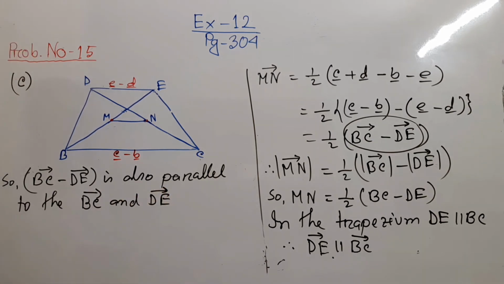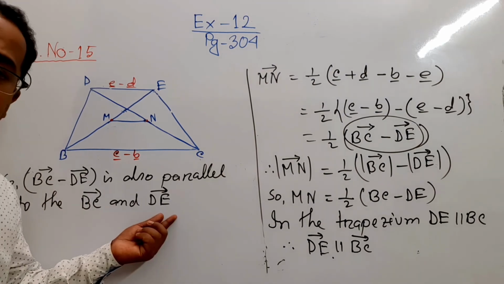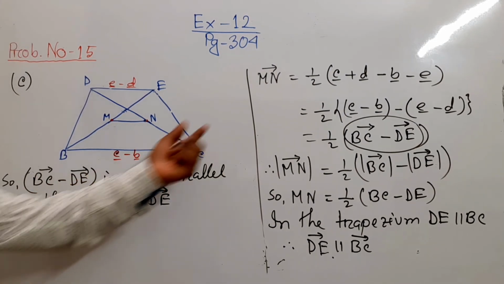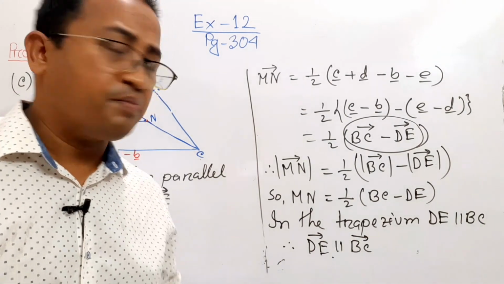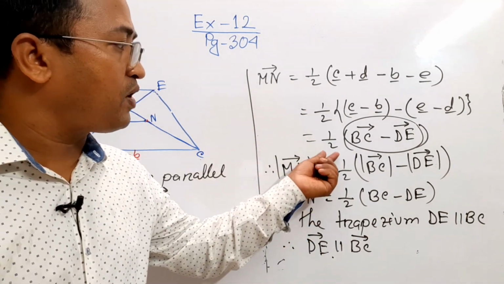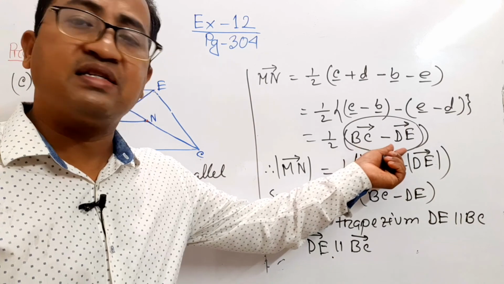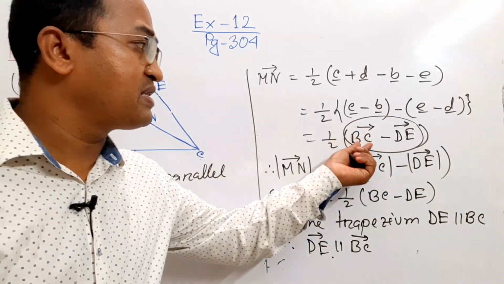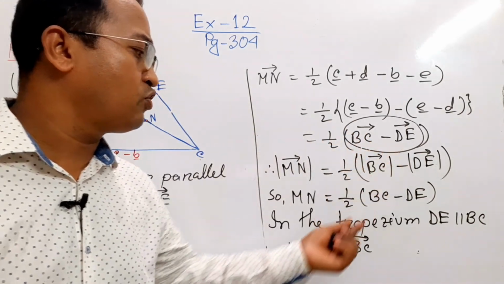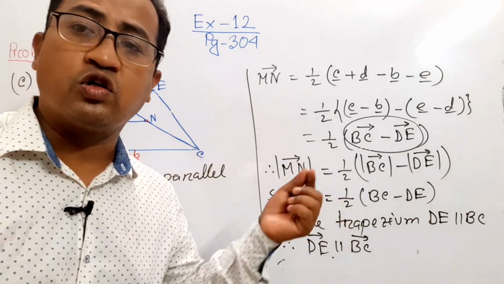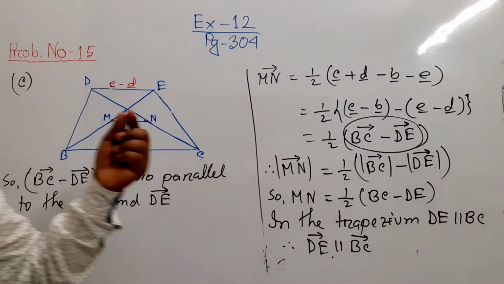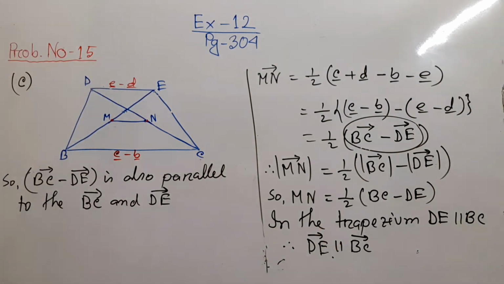Now look, if BC minus DE is parallel to BC and DE, can we say MN is parallel to DE and BC? Because MN is equal to half of BC minus DE. So we can say MN is also parallel to DE and BC.